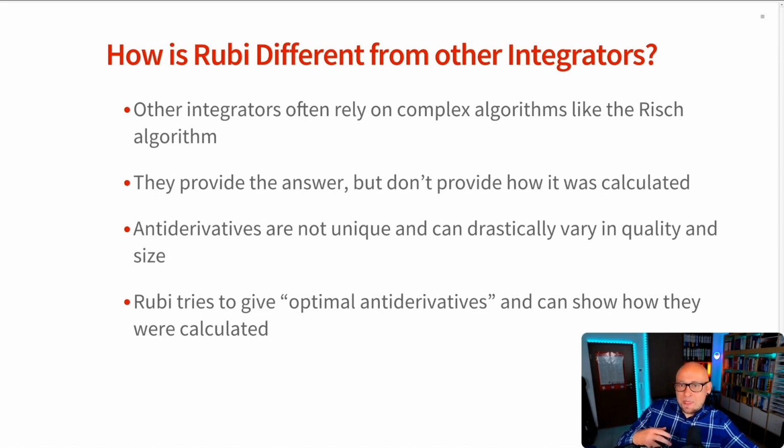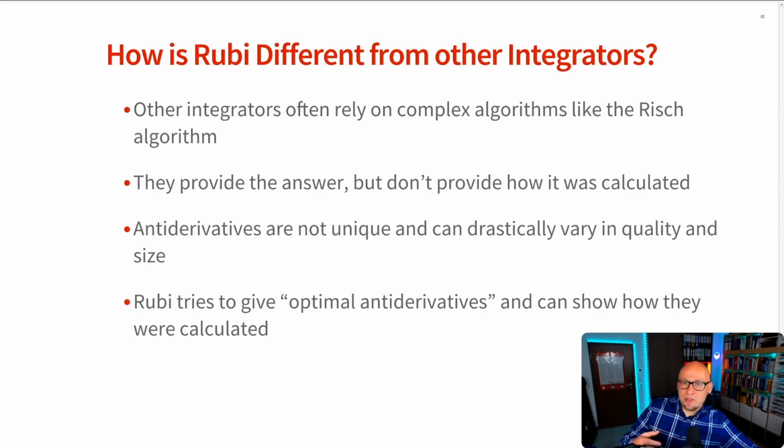And the thing is that different antiderivatives can be drastically different in quality, both in size, but also in the quality of the functions that are used in the antiderivative. Rubi tries to solve specifically these points. So first, Rubi tries to give optimal antiderivatives in quality, but also in size of the antiderivative. We'll see an example in a moment.